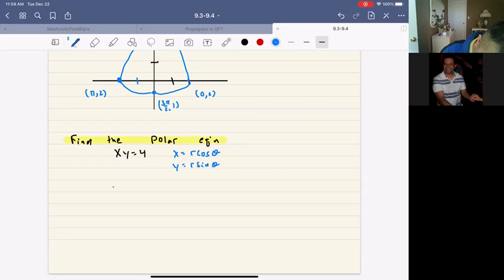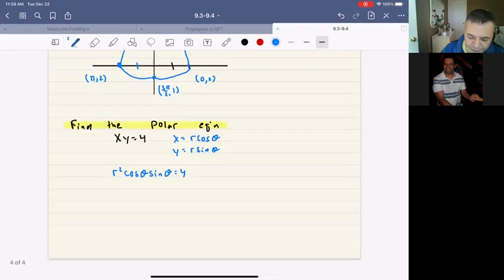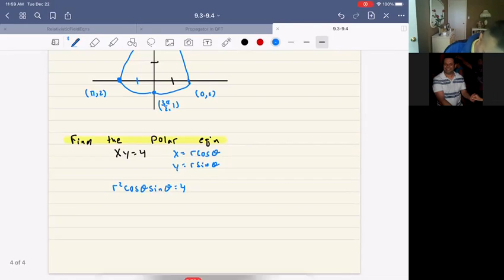So we're going to get r squared cosine theta sine theta equals 4. We're going to write that just to have r by itself. So r squared equals 4 over cosine theta sine theta.